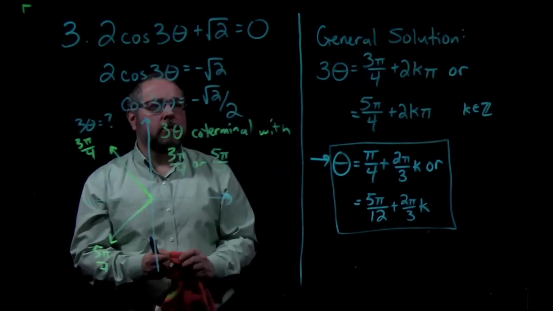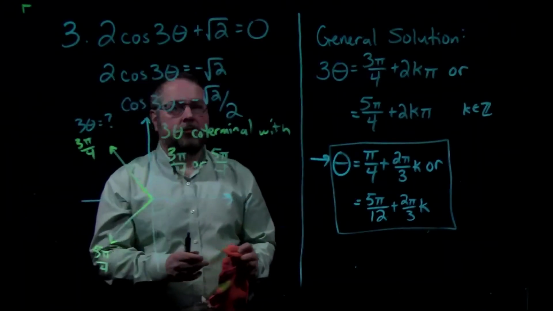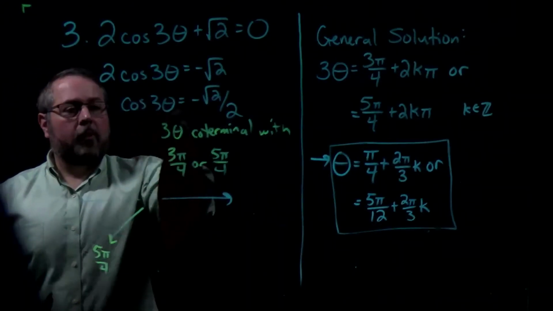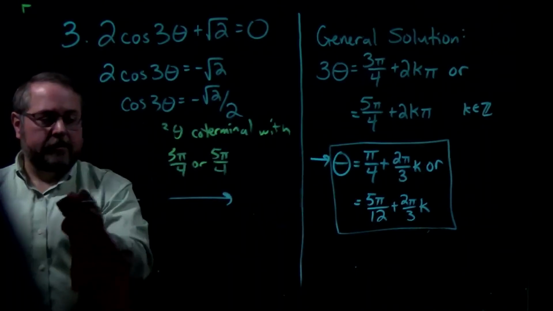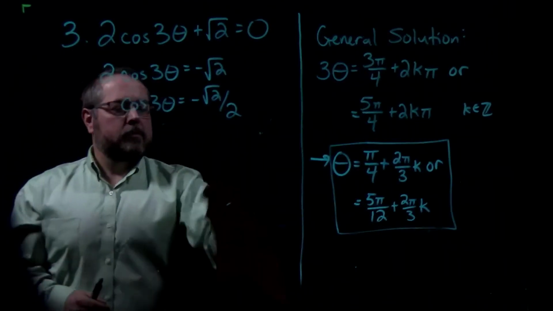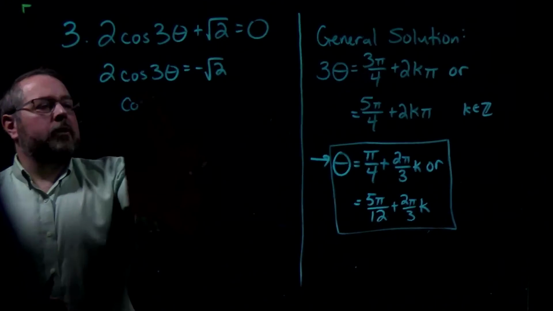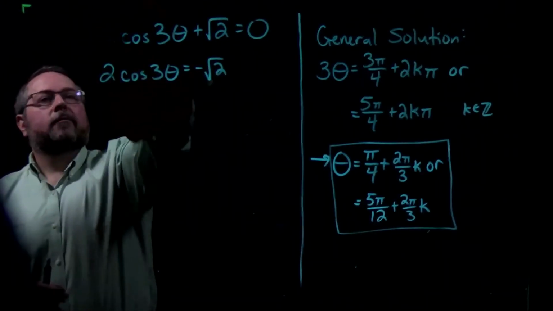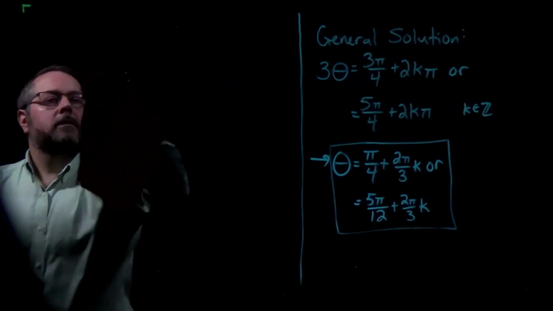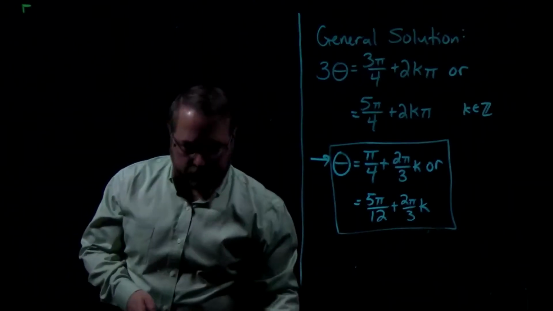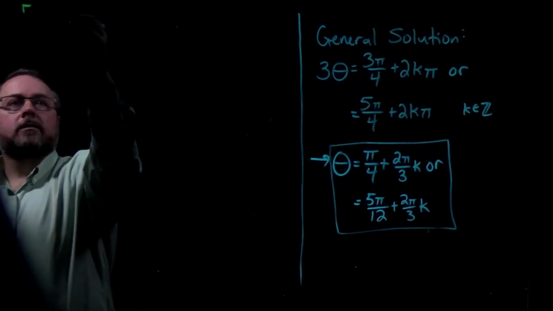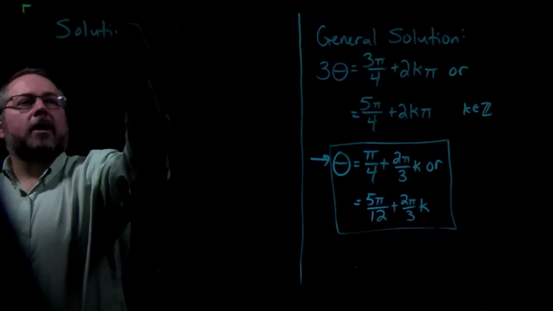Okay, and then from there, if we wanted to construct our solutions between 0 and 2 pi, we would plug in increasingly large values of k. And here we have to do a little bit of arithmetic because we're adding fractions. The fractions have different denominators. So if we start with our first set of solutions here, so again, let's do the solutions between 0 and 2 pi.